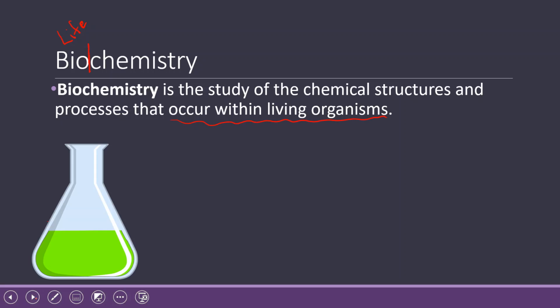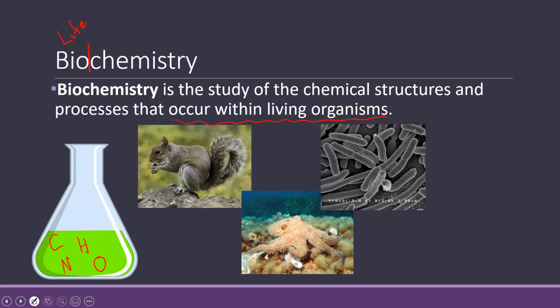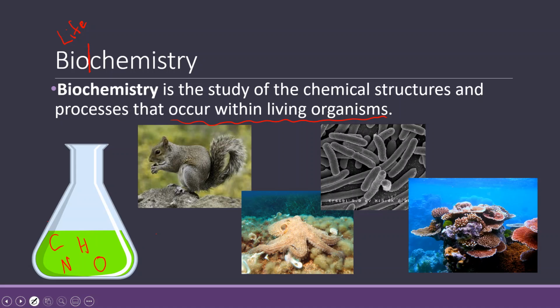That is where we take all of those elements that we've learned about previously and apply them in living organisms, whether that be a squirrel, an octopus, bacteria, coral, or even you. Biochemistry is super important for every single living organism across our planet.